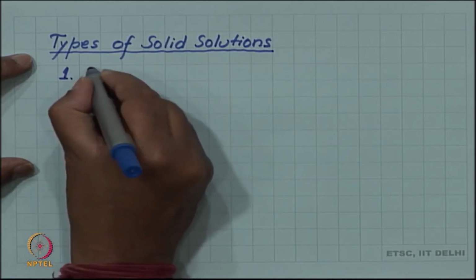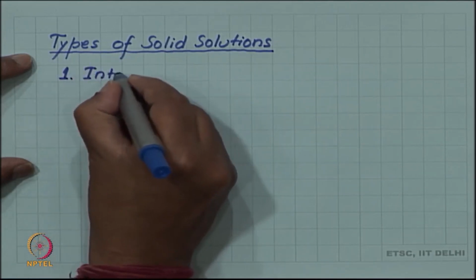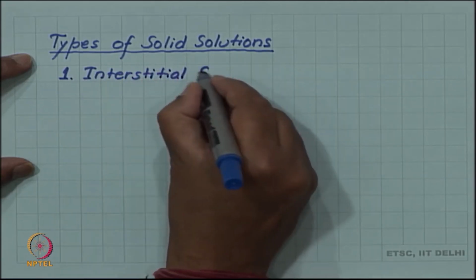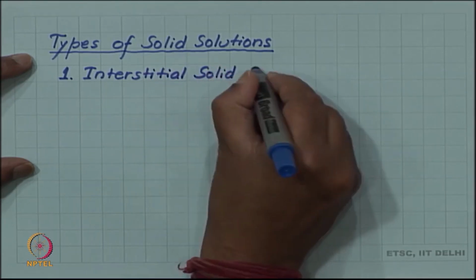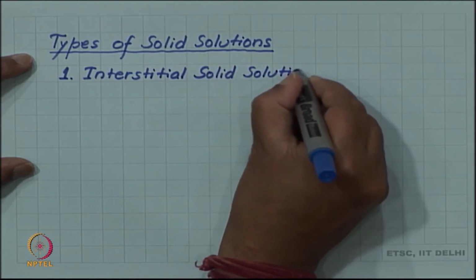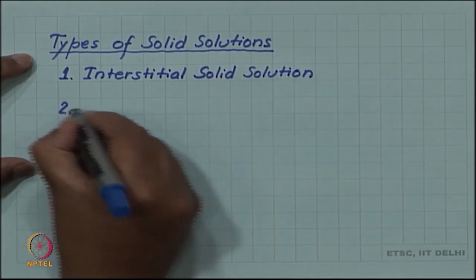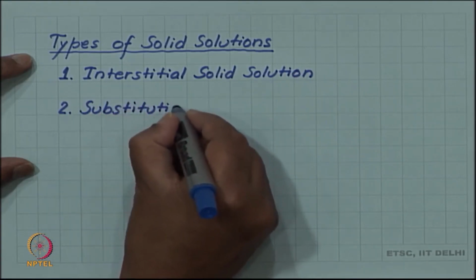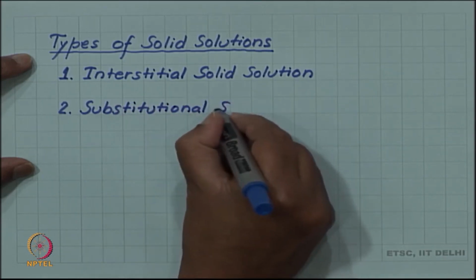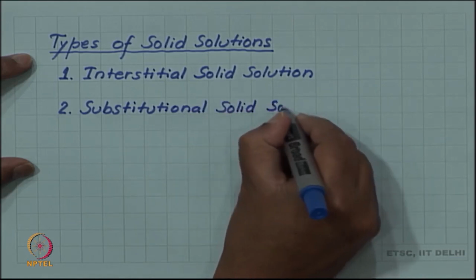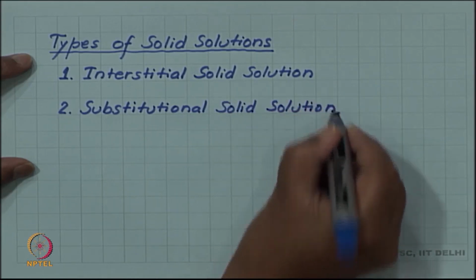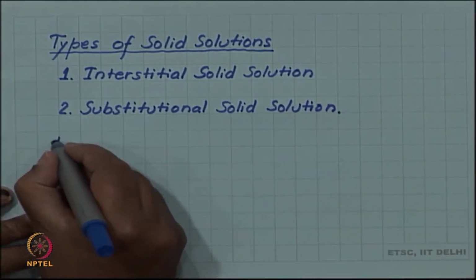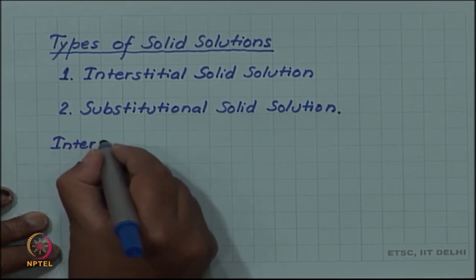One is called interstitial solid solution, and the other is called substitutional solid solution. So, let us look at what is the difference between them.